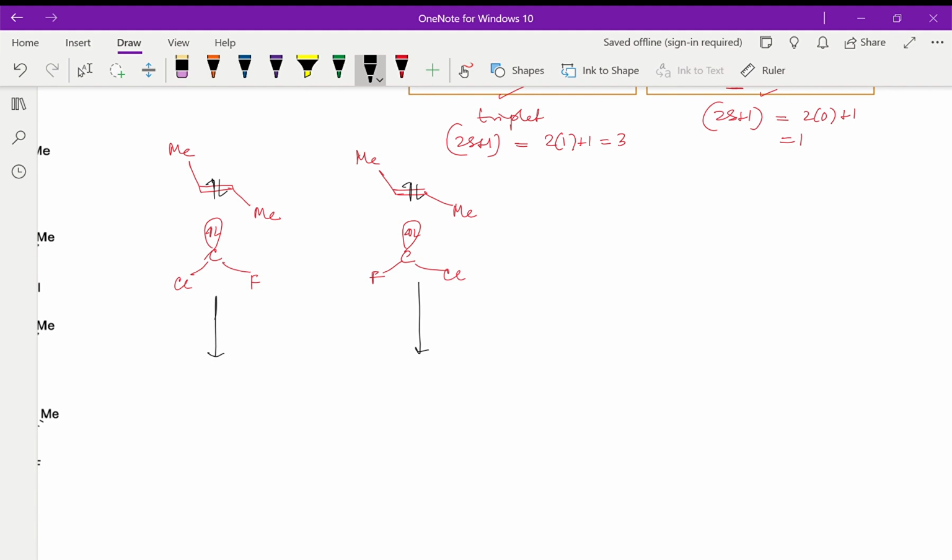So let's consider that this is combining with that and that is combining with that, so we can have the formation of a cycle.